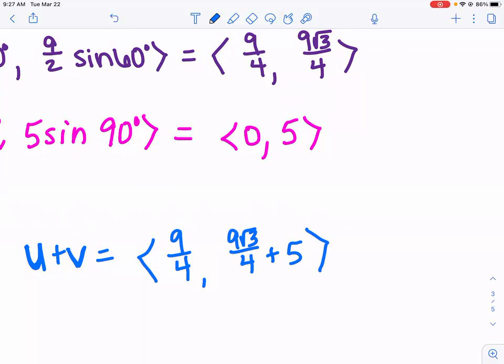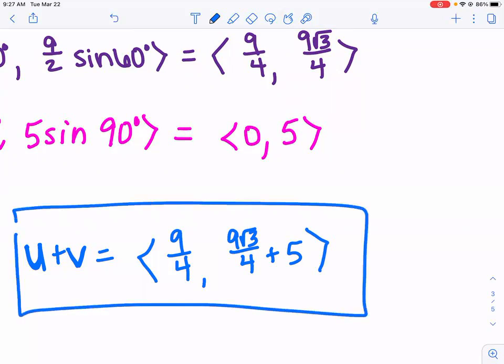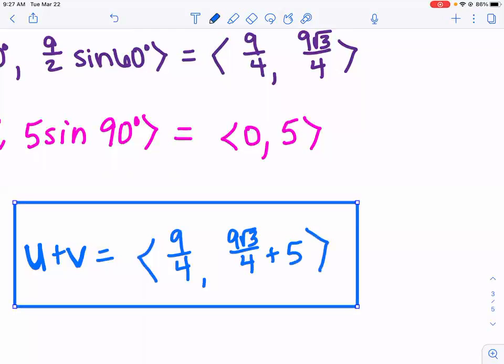So we'll just leave it like this. If you wanted to write it as 20 plus 9 radical 3/4, that's fine, but it wouldn't be necessary in this case.